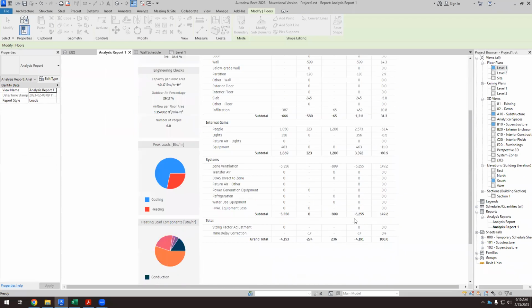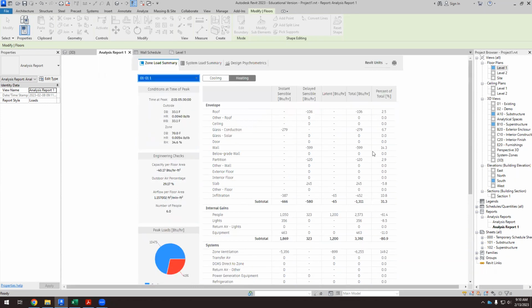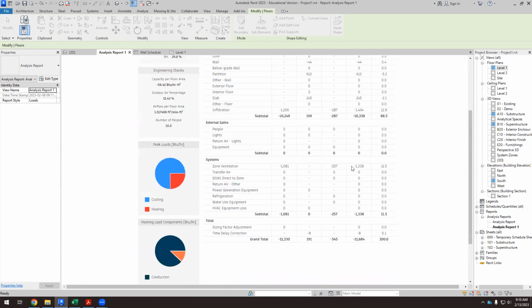In office 1, there is 6,000. And finally, in the meeting room, there is only 1,000.